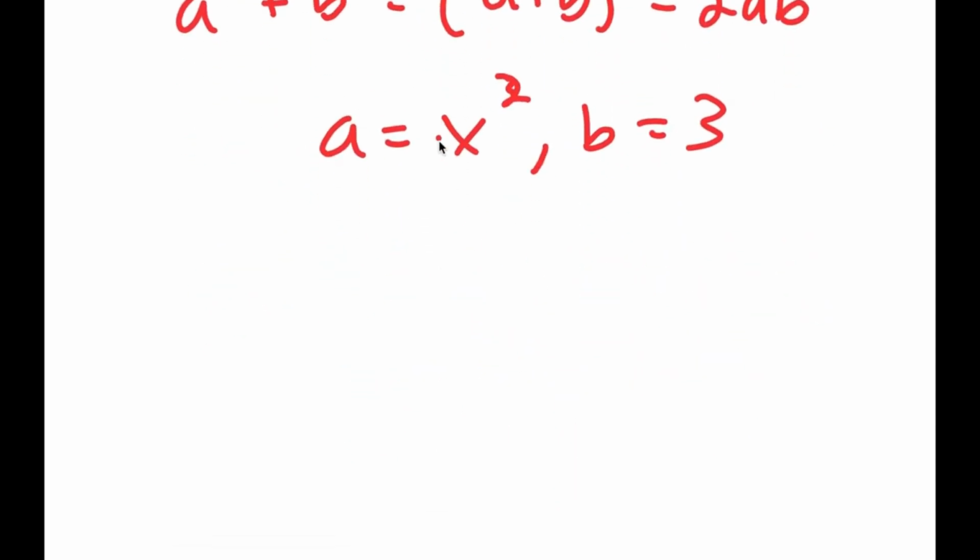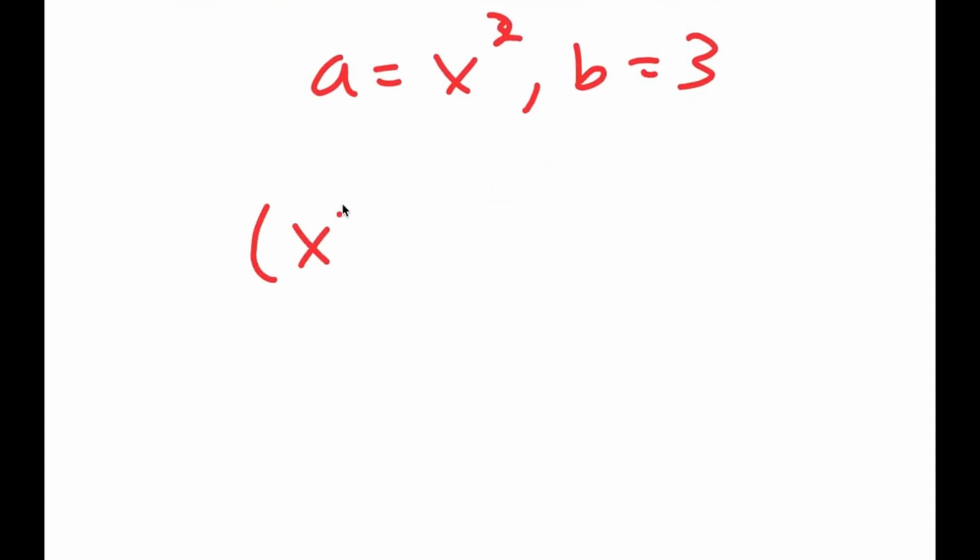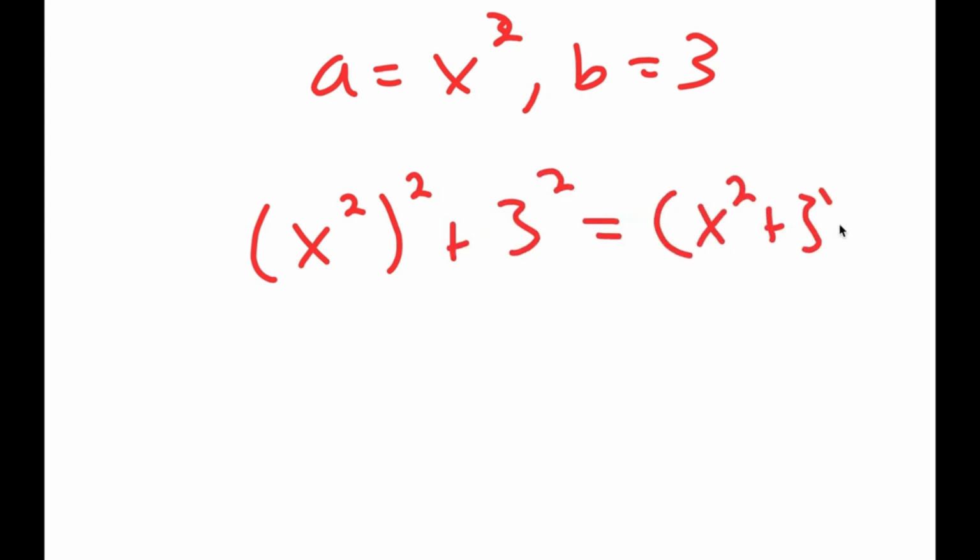Going back over here, I get (x squared) to the power of 2 plus 3 squared is equal to (x squared plus 3) squared.